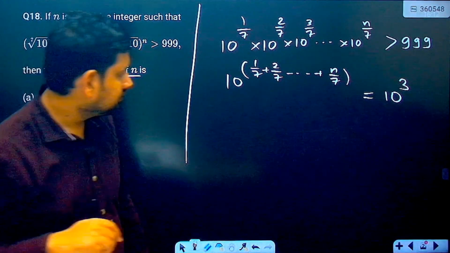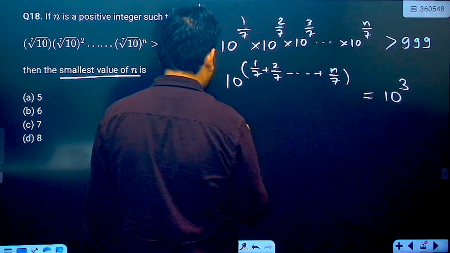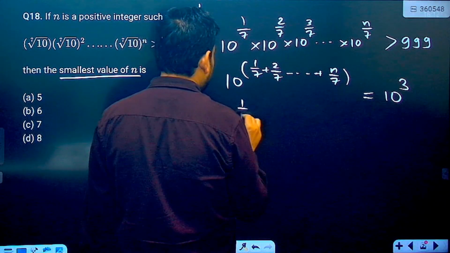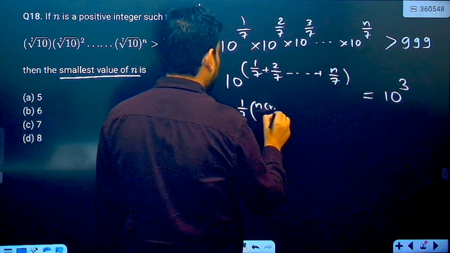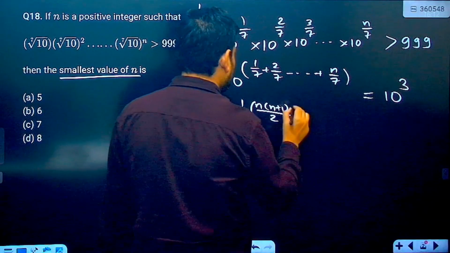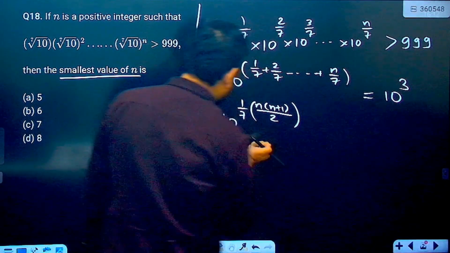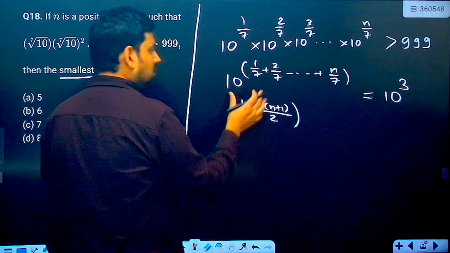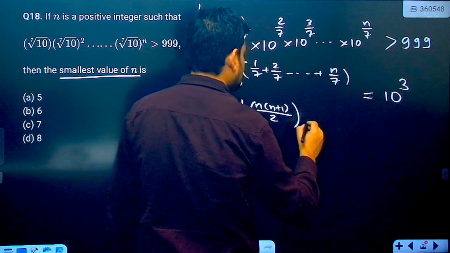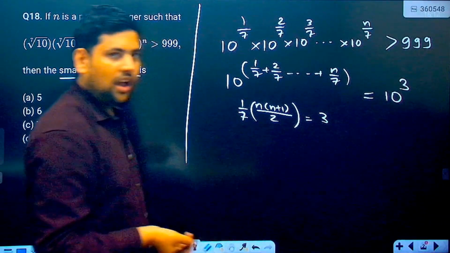Correct. Now I start adding. Now 1 by 7 is common. What will you get here? This is the 1 to n sum, so n into n plus 1 by 2. Eventually I have to make the power same. So can I make this power equal to 3 directly? Correct.